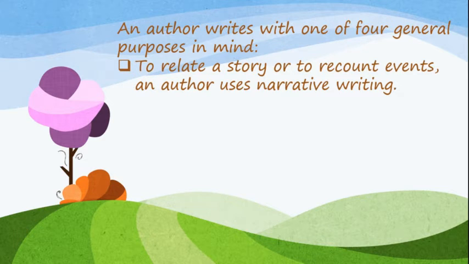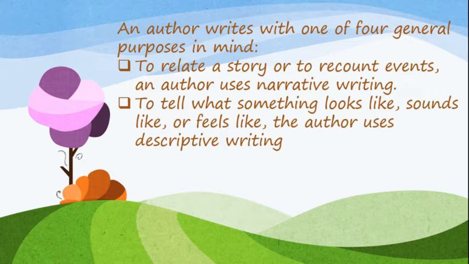Second is to tell what something looks like, sounds like, or feels like. So in this case, the author is writing a descriptive type. He is describing the feelings, the looks, and the condition of the characters in the story, or the condition of the story.